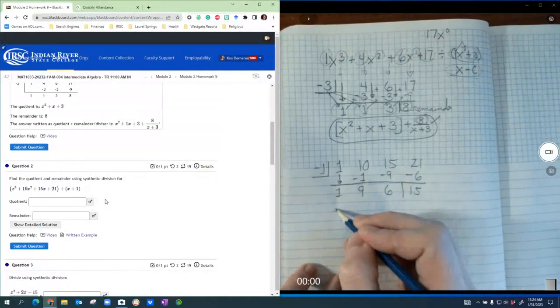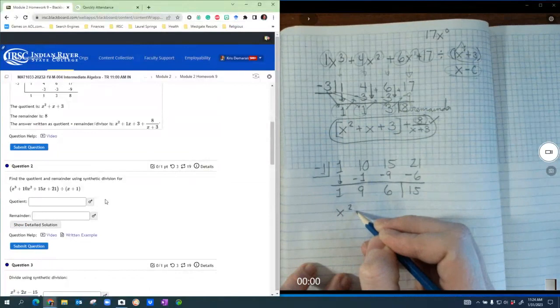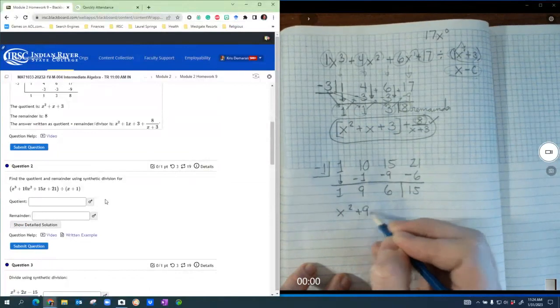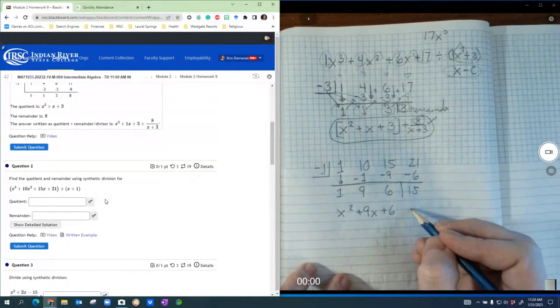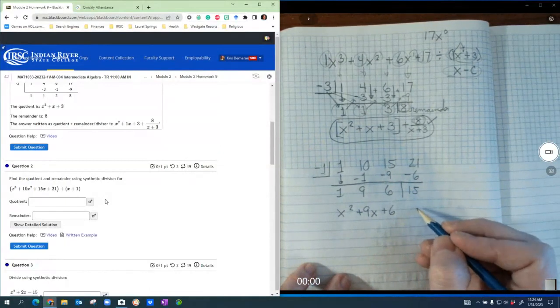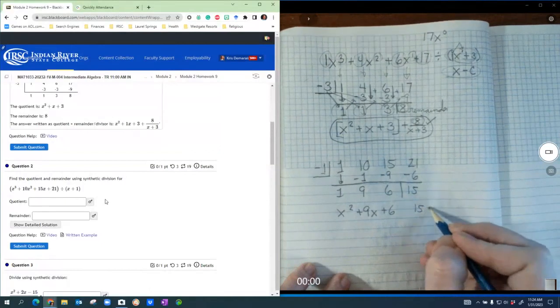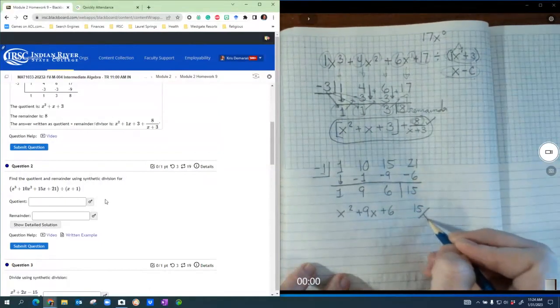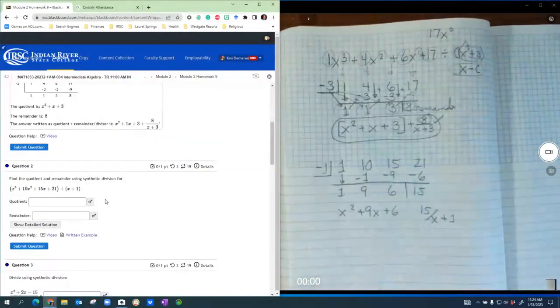So our quotient is x to the second, because we started with x to the third, plus 9x plus 6. That's our quotient. Our remainder is going to be the 15. Now it's 15 over x plus 1.